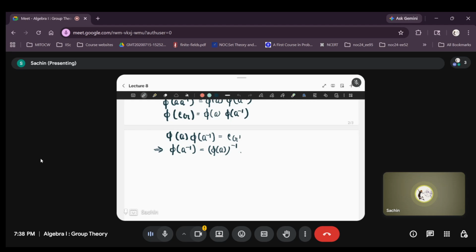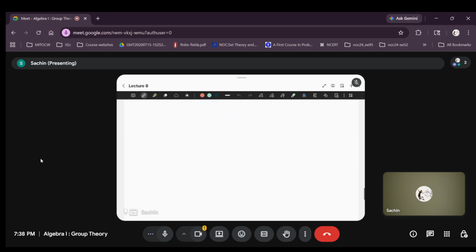Now, once we have this homomorphism, there are two important subgroups associated with the group homomorphism. Let phi from G to G prime be a homomorphism.